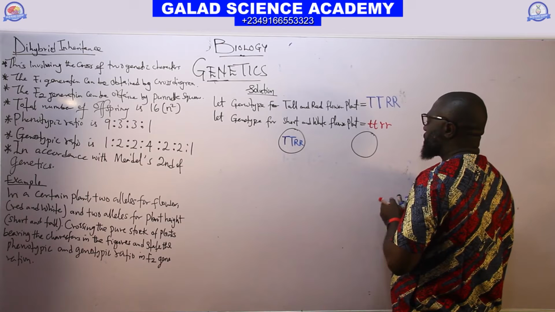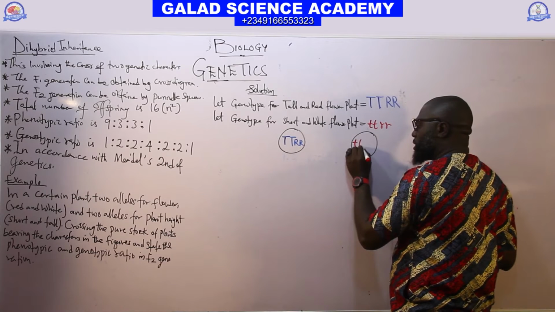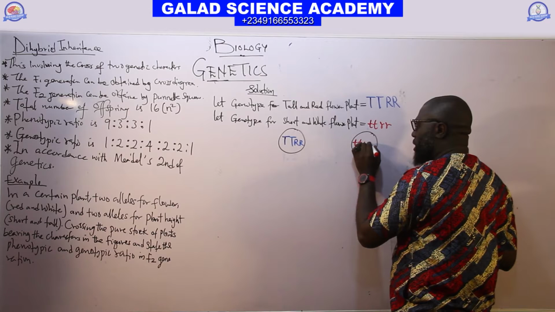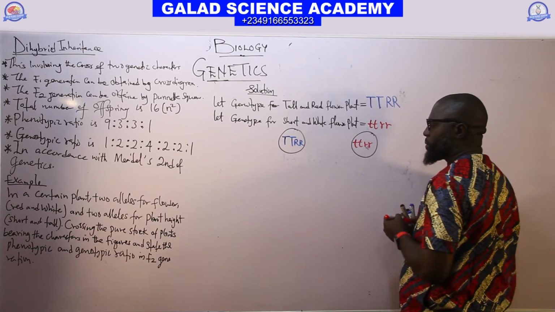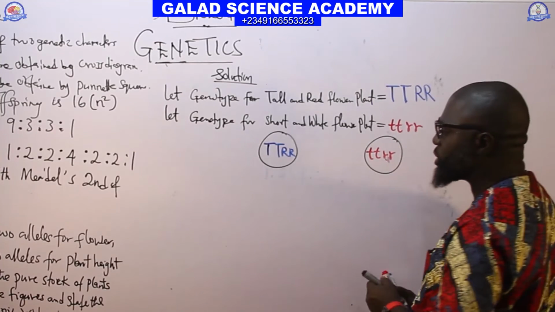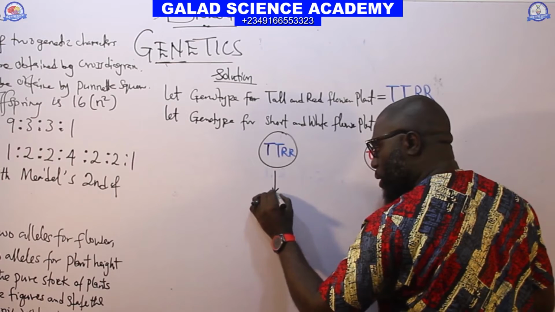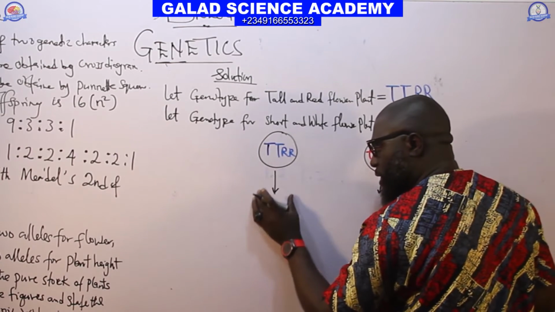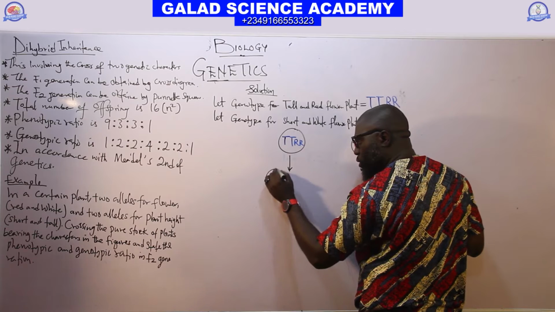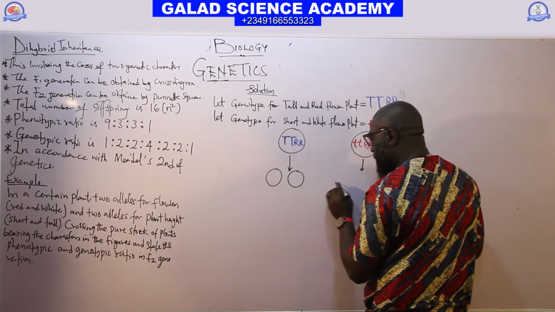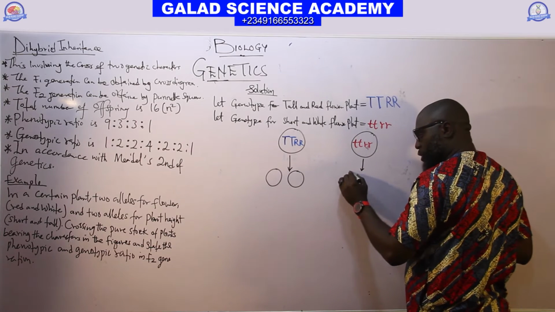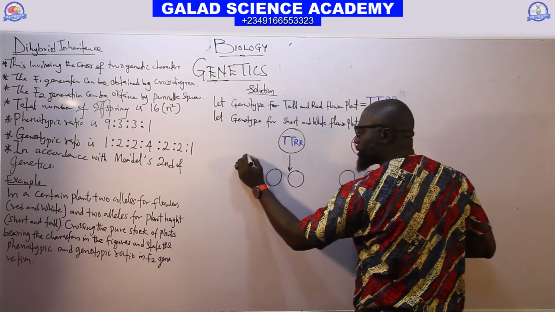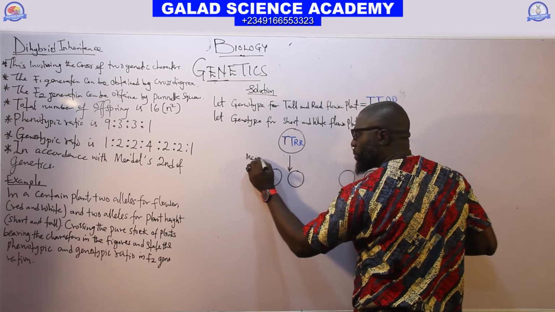And here we have small t, small t, small r, small r. So if meiosis occurs, this will split into two through the process of meiosis.